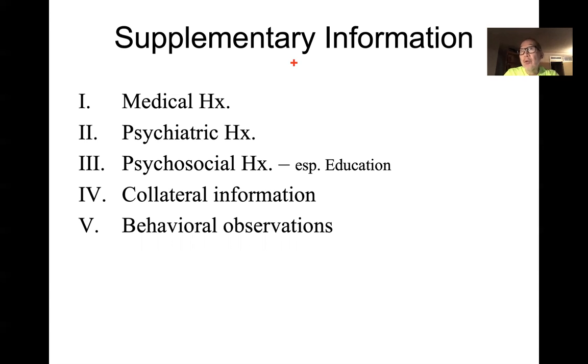Was there a stark change in school performance, in what areas, and so on? Also collateral information, by interviewing a spouse, romantic partner, friends, family members, and so on. When relevant, and obviously with the examinee's consent, work, co-workers, supervisor, and so on.